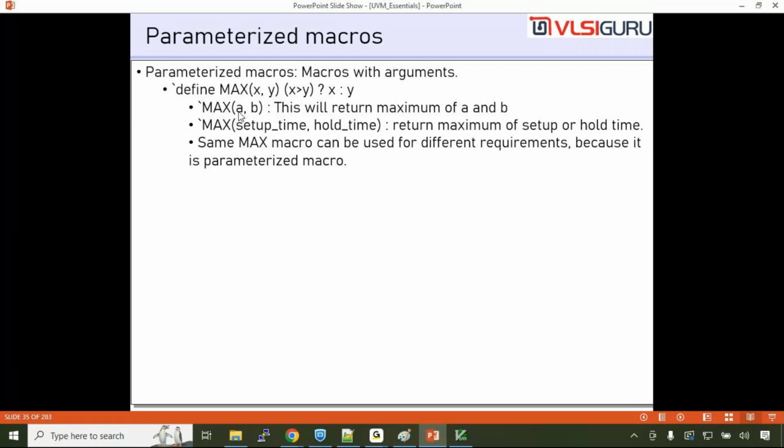If I want to find the max of a comma b, I will just call the macro with tick max, passing a comma b, which returns the maximum of a and b. Similarly, max of setup time and hold time returns the maximum of setup or hold time. The same max macro can be used for different requirements because it is parameterized. Understand, that is very important. In one case I'm finding the maximum of a comma b, in another case the maximum of setup and hold time.